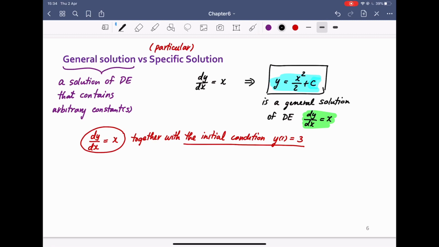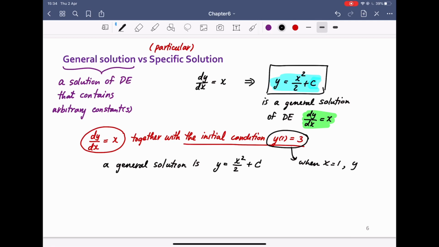To solve this, you may get a general solution first. So a general solution is y equal to x squared over 2 plus c. And then with the initial condition that you have, y(1) equal to 3, this means when x equal to 1, y equal to 3.